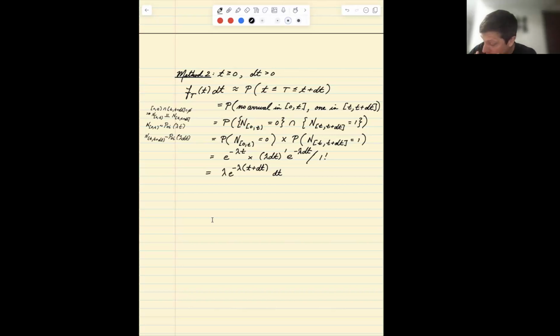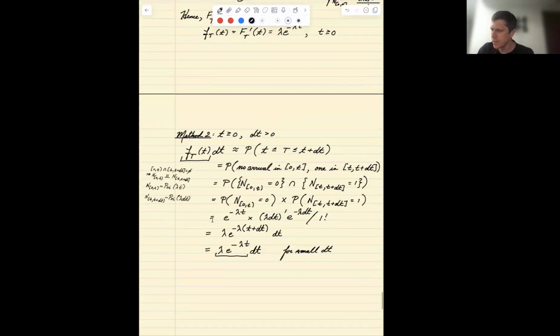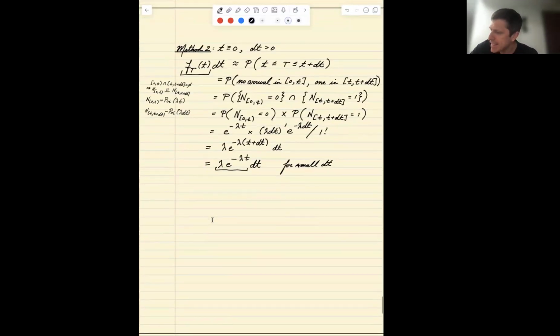And so as long as dt is small, this is lambda e to the minus lambda t dt for small values of dt, which we always assume. And so the density, we recover the same exact density as we did above. Okay, so this is the density of T, and this is the definition of what's called the exponential distribution.